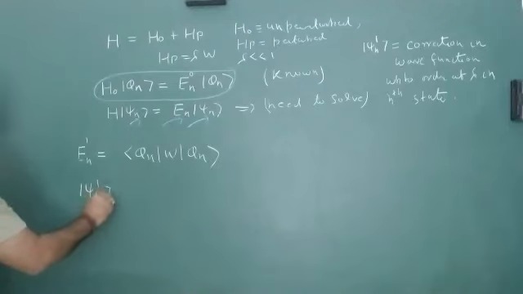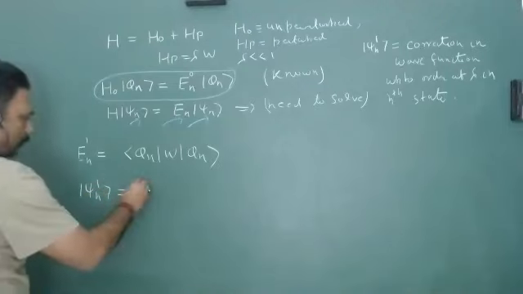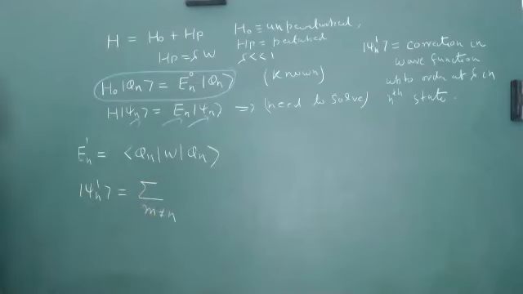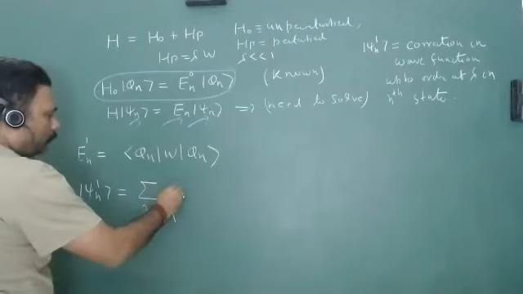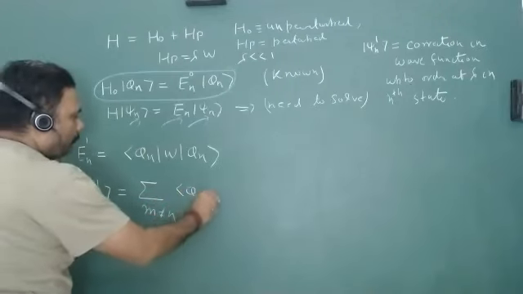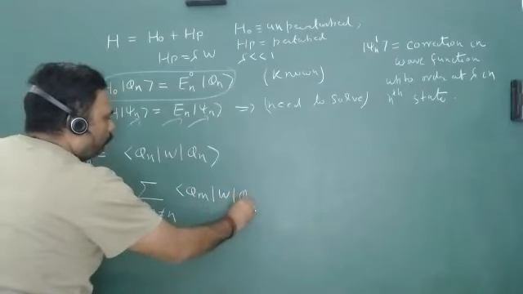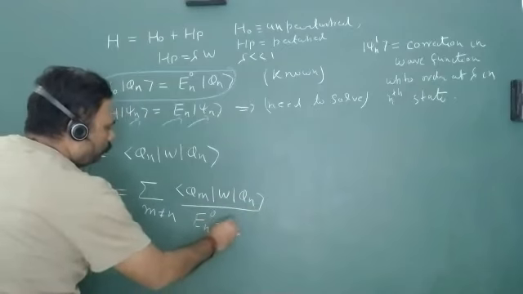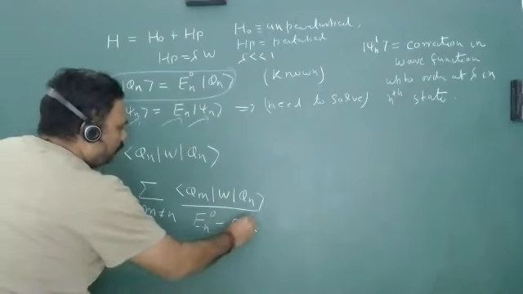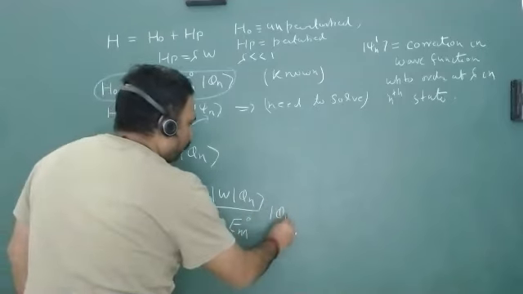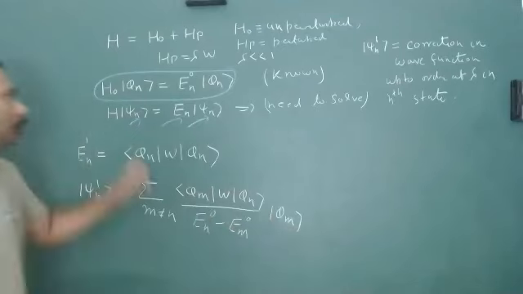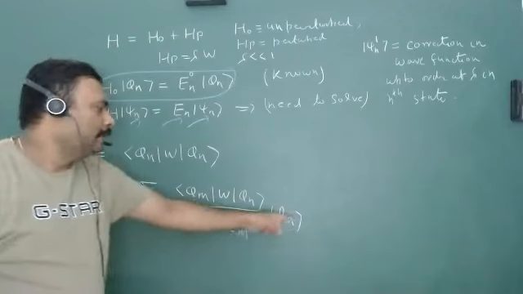Next, ψn1. This is a little bit interesting. Here we will take m not equal to n, and we have ⟨φm|W|φn⟩ and En0 minus Em0, times φm. What we have written is ψn1 in a basis of φm, where φm is the eigenfunction.